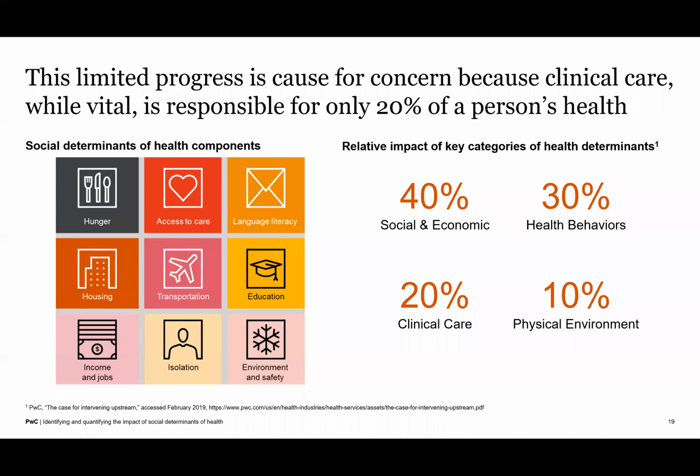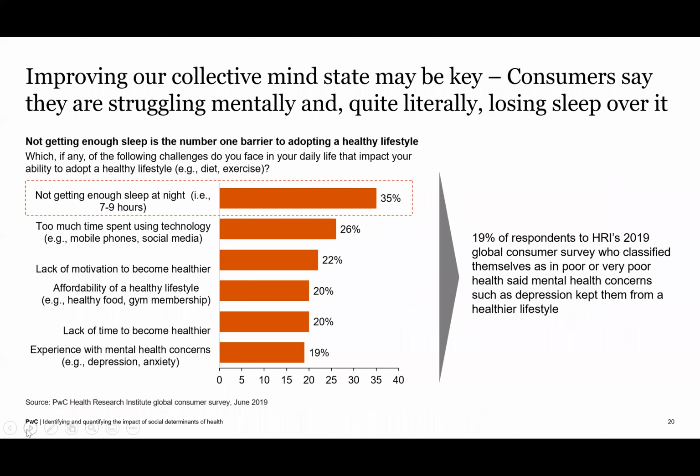On the next slide, we can see just one of the issues that we wanted to pinpoint from our global consumer survey, and that is that not all social determinants are just, do I live in a food desert, or do I live in a neighborhood that's safe to exercise in? We actually have a lot of external issues that are affecting our health that are what I would call ailments of the modern age.